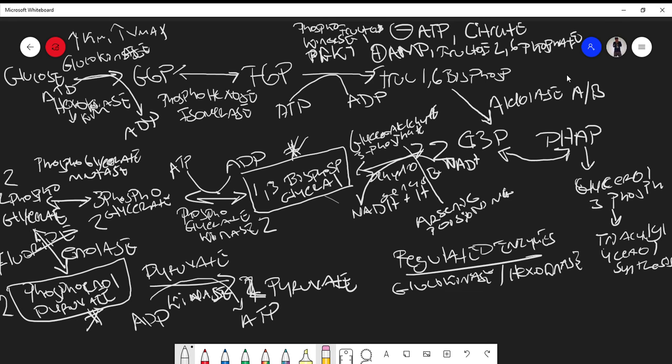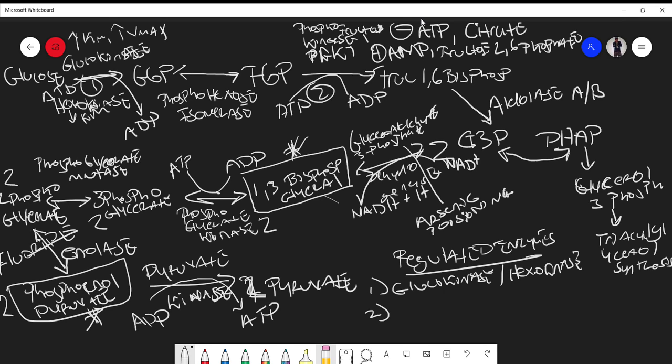So that's one. The second regulated enzyme is phosphofructokinase 1. So we have 1 here and we have 2 here. Again, it's an irreversible reaction.